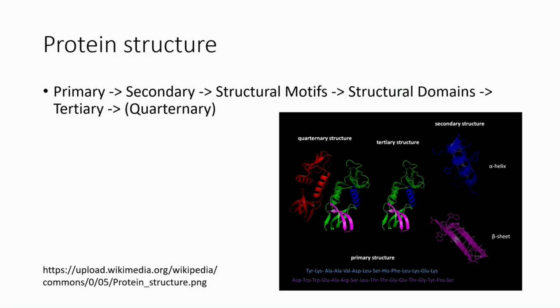You know that the primary structure of protein is based on the amino acid sequence in the protein chain. So it's the order of the particular amino acids in the structure. It's based on covalent bonds. As for the secondary structure, there might be either the alpha helix or beta pleated sheet, and it is based on the non-covalent interactions.